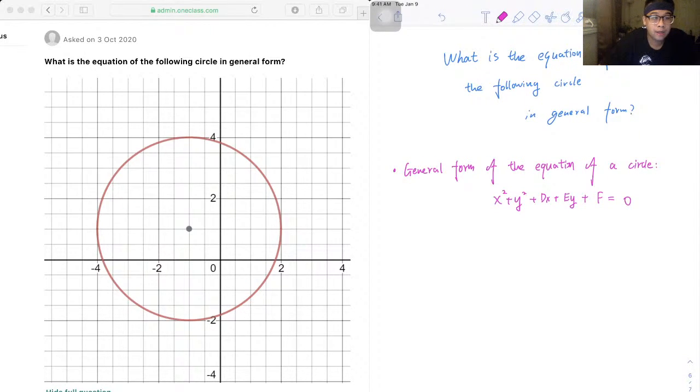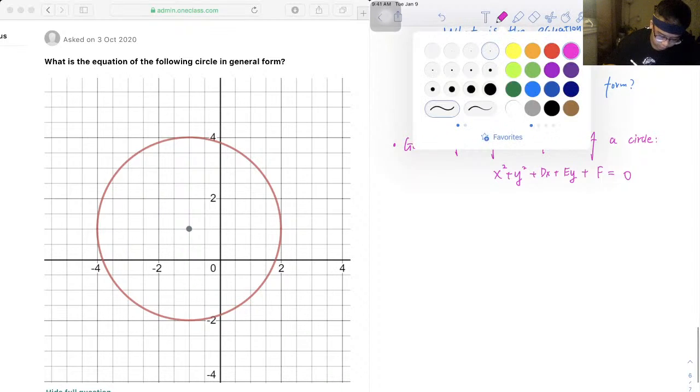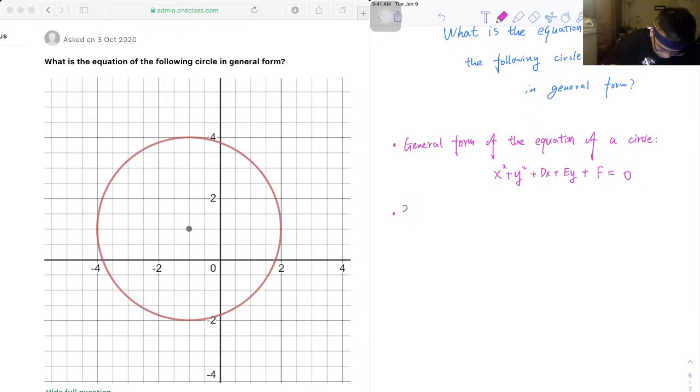And before we arrive at the general form, we first look at our standard form. I'll change this part to blue.